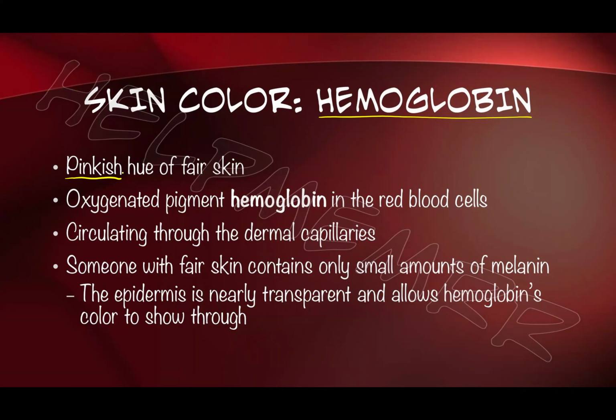Technically, if you're not fair skinned, it's harder to see the reddening. But no matter what, we have this pigment called hemoglobin, which picks up the oxygen. That is what gives us this reddish color.